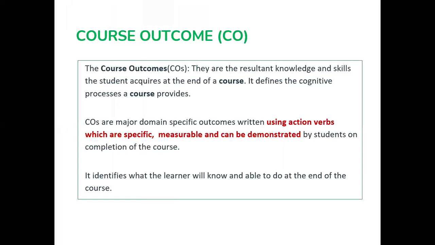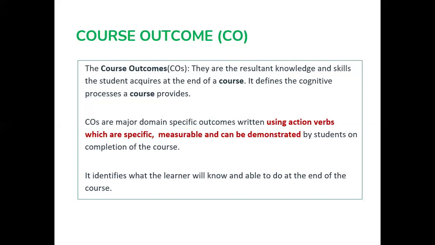Then coming to the course outcome. For every course, we have to design course outcomes. So what are course outcomes? The course outcomes are the resultant knowledge and skills the student acquires at the end of a course.